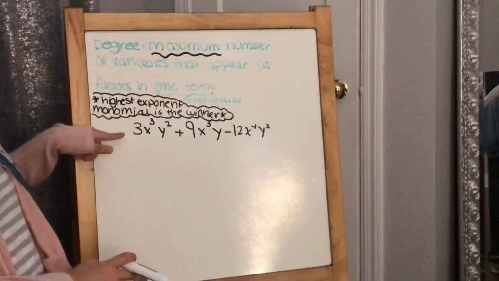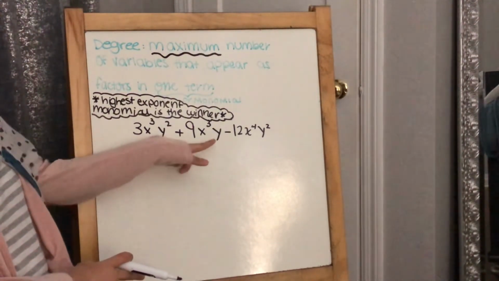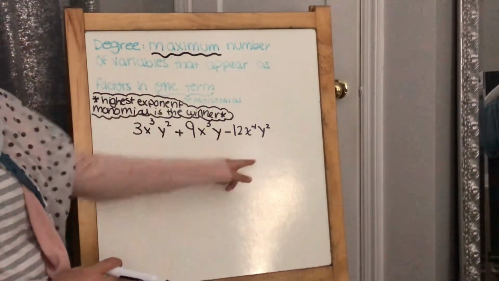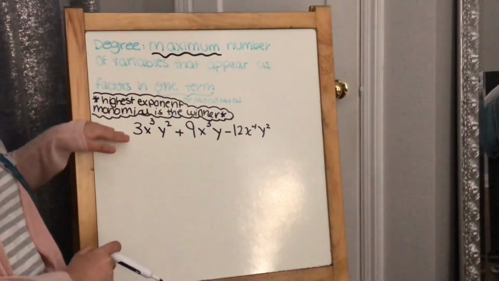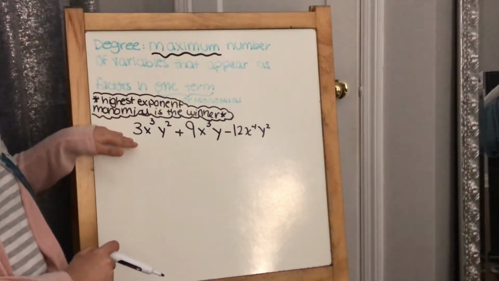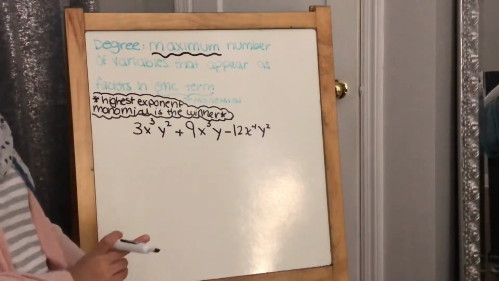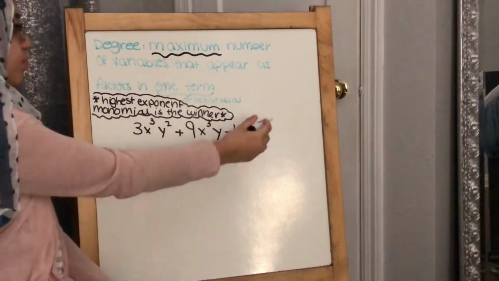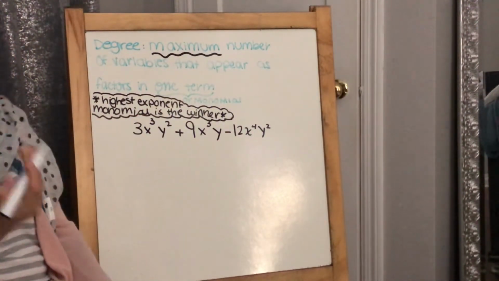So I have an example here, 3x cubed y squared plus 9x cubed y minus 12x to the fourth y squared. So in order to figure out the degree of this polynomial, we have to look at which monomial, meaning which chunk, which term in this expression has the highest number of variables.